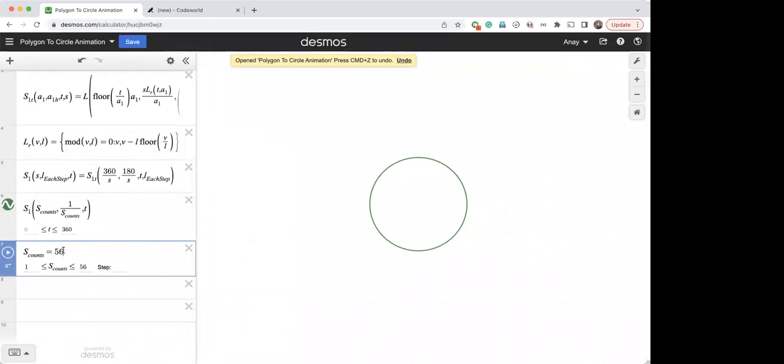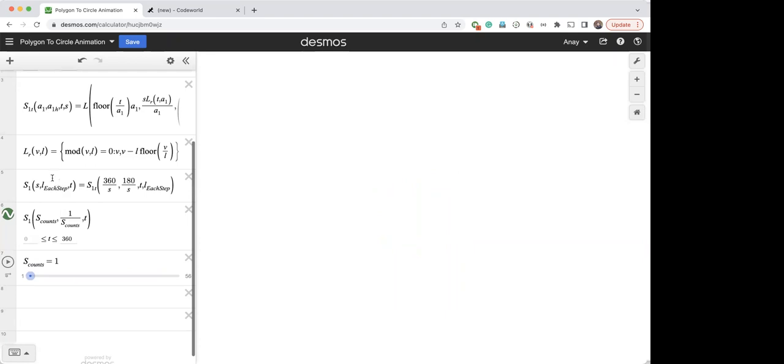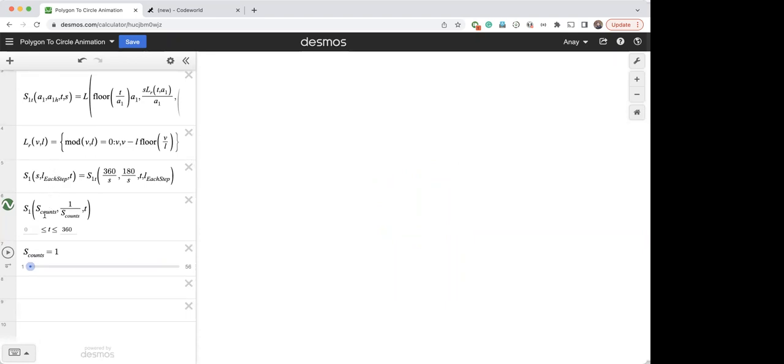Right? So, as things go, it starts building things up. This is something we wrote in the beginning, like, for example, how many counts we want and what should be the length of each step.